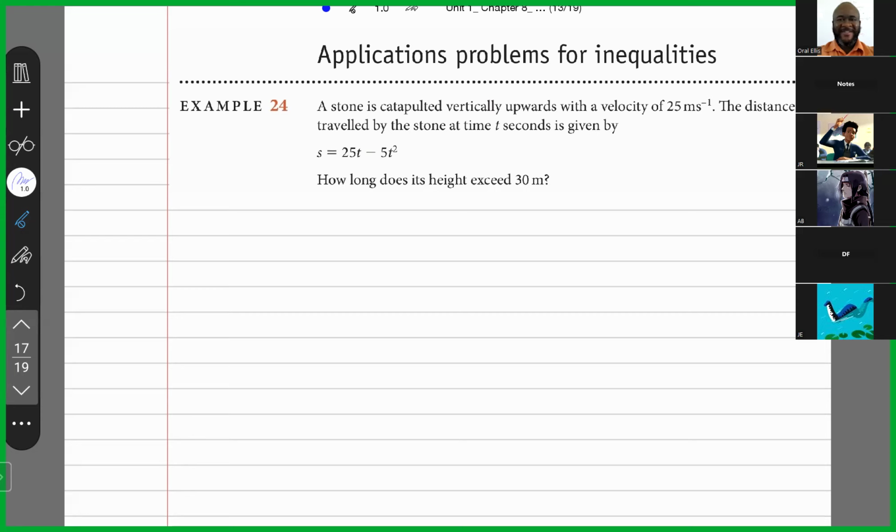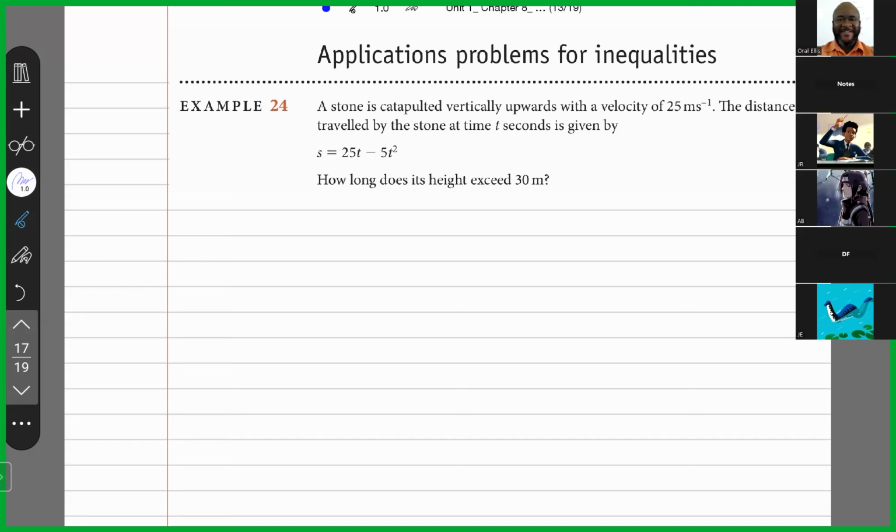The distance traveled by the stone after t seconds is given by s is equal to 25t minus 5t squared. How long does its height exceed 30 meters?